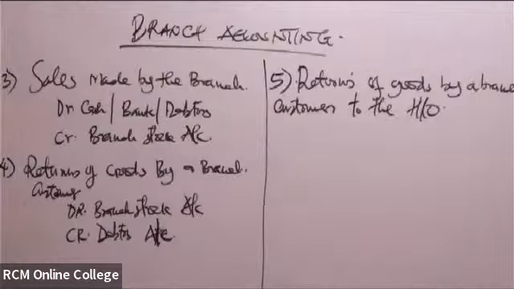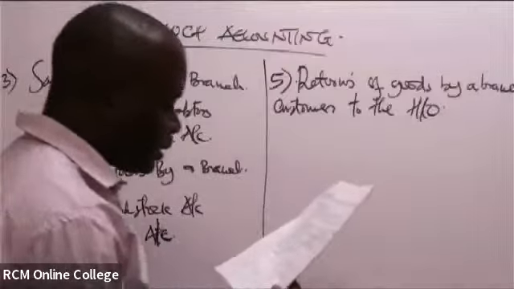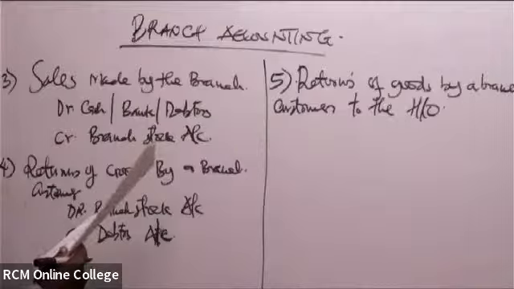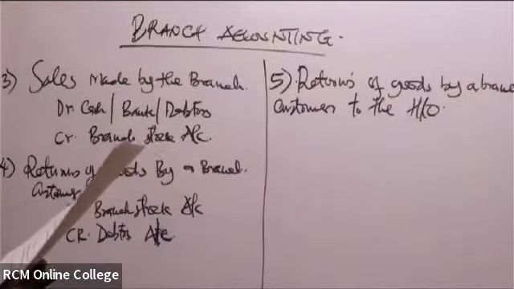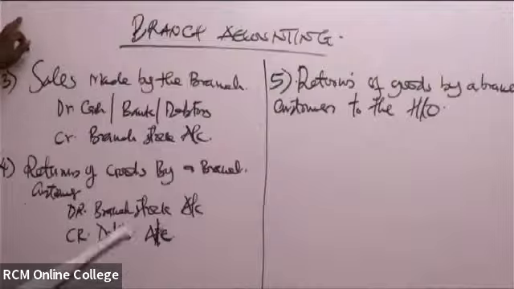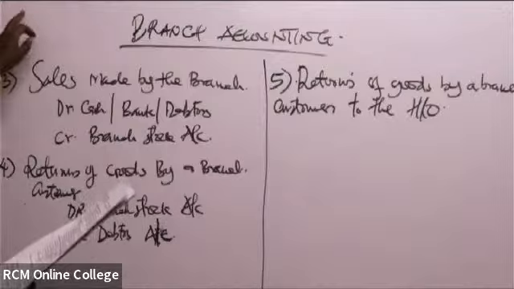So what will happen here? The entry we've actually made in number 2, just look at what we've done in number 2. We've debited what? Goods sent to the branch.